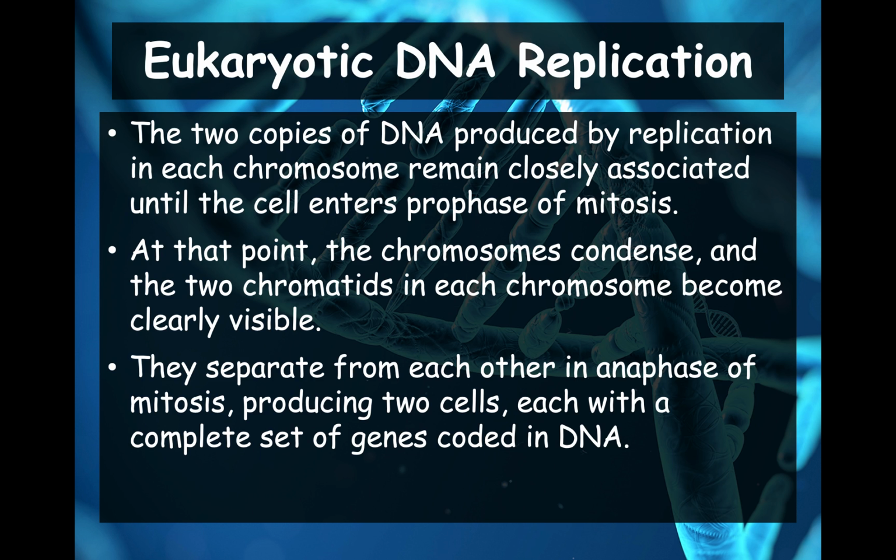That's when we can see it as an X, because they have the two sister chromatids joined at the centromeres. They separate from each other in anaphase of mitosis, and then it produces two new cells, each with a complete set of genes that are identical and coded in the DNA.